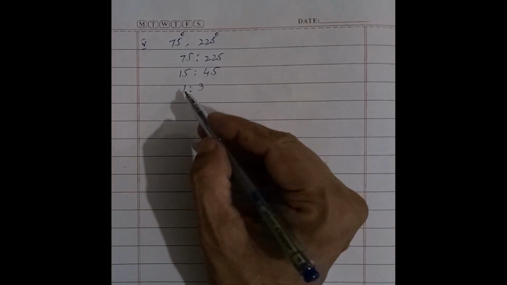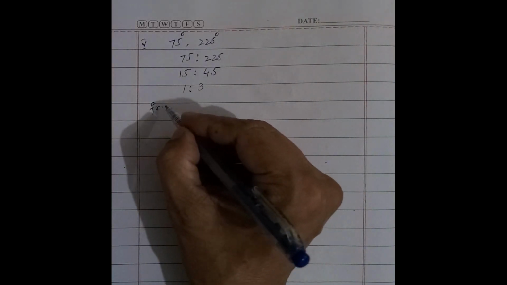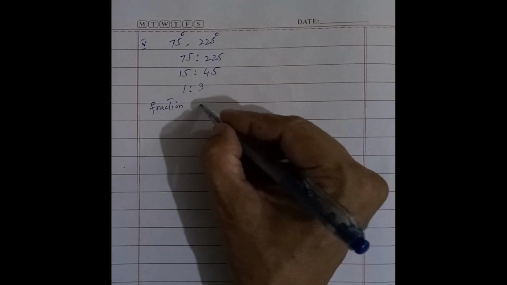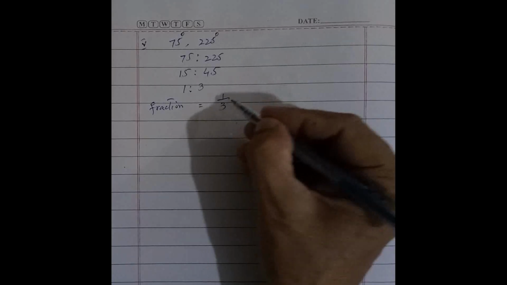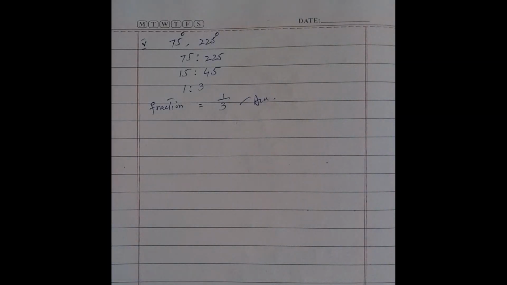So the ratio of 75 and 225 is 1:3. When we write it as a fraction, we have 1/3. It is the question 1 part 5's answer.